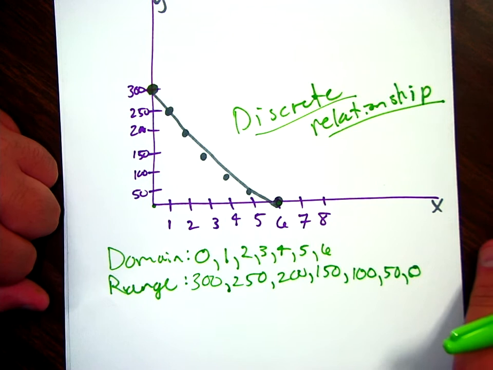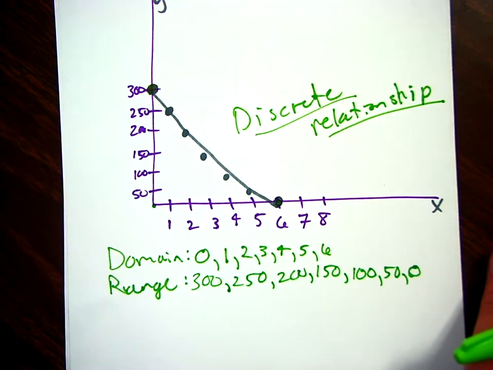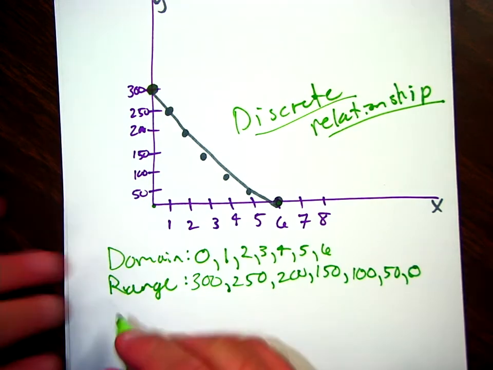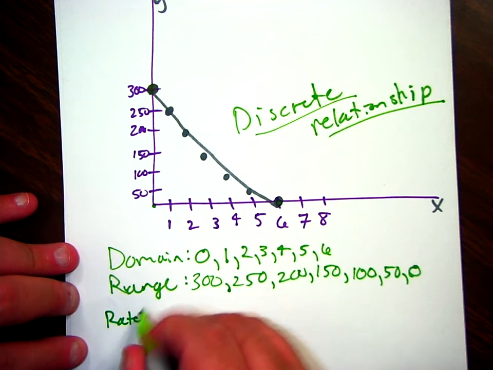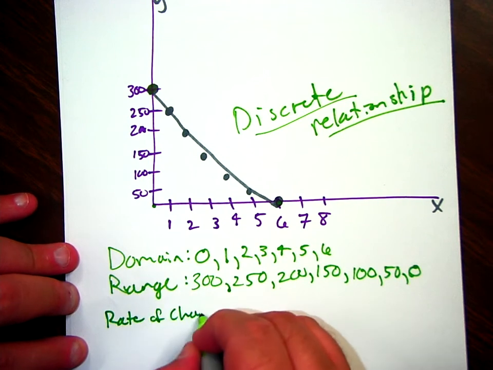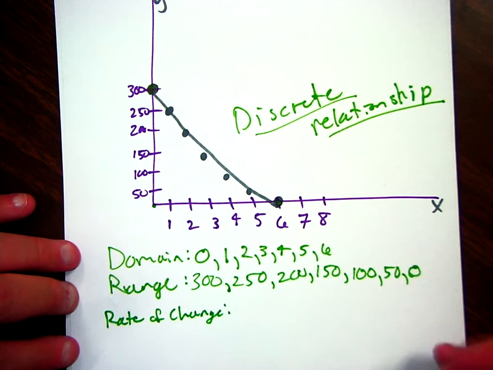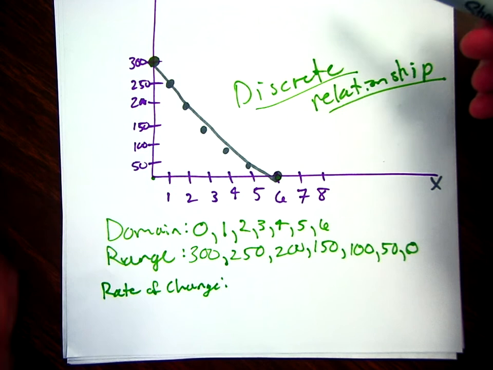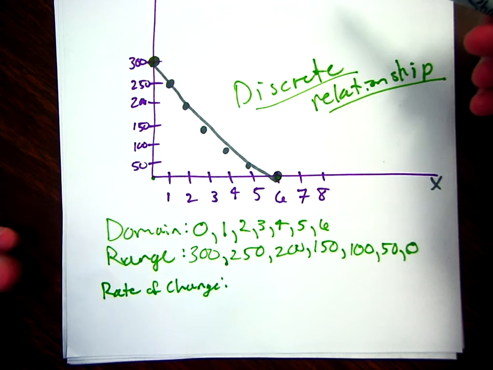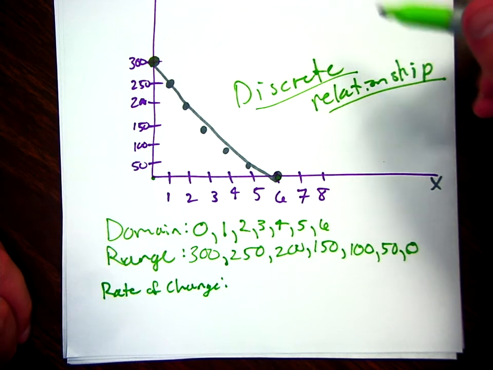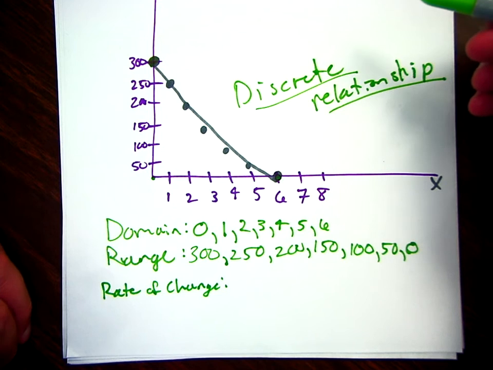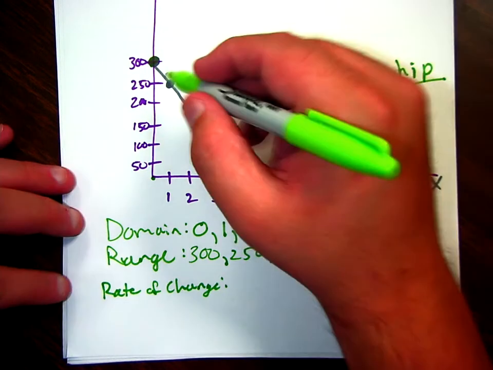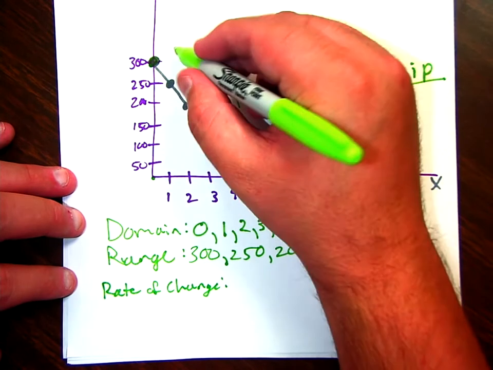All right. So we talked about domain, we talked about the range. Now we want to look at the rate of change, or slope. If I want to write out the points for this problem, just the straight ordered pairs: pick this point, sure.